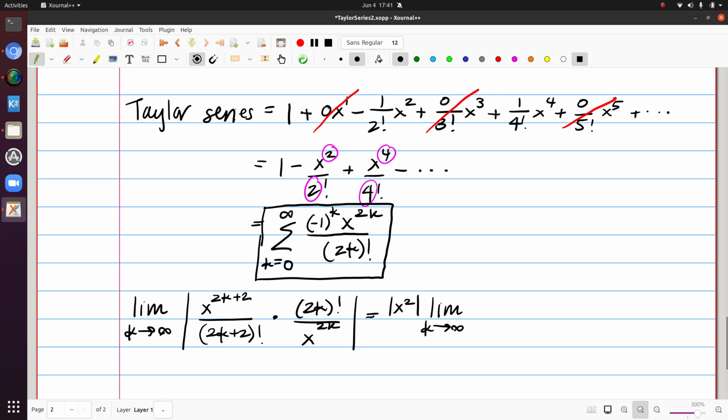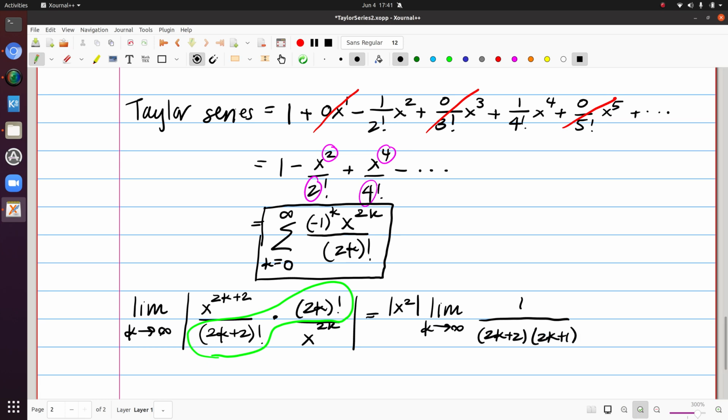And I now want to simplify this ratio. And recall that what will happen is we can cancel the 2k factorial, by recognizing that the factorial in the denominator can be expressed as 2k plus 2 times 2k plus 1 times 2k factorial.